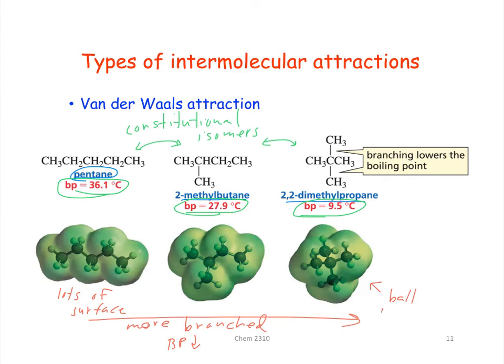It's like a ball. It has little surface area. Right? So less surface area means there's less van der Waals attractions, and so the weaker attraction means that it takes less energy to evaporate the sample. Right? So the boiling point is lower.